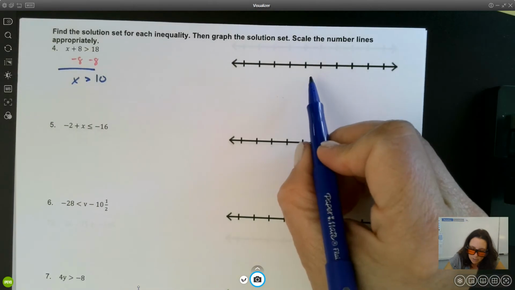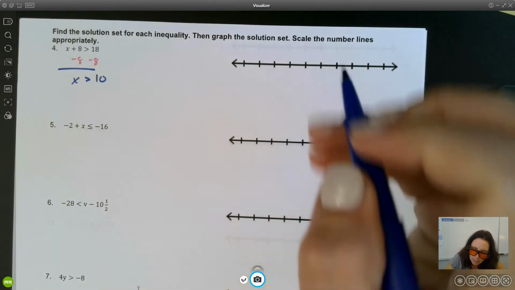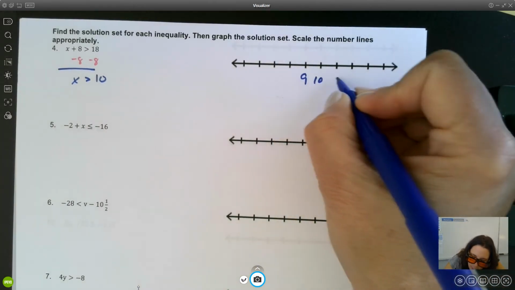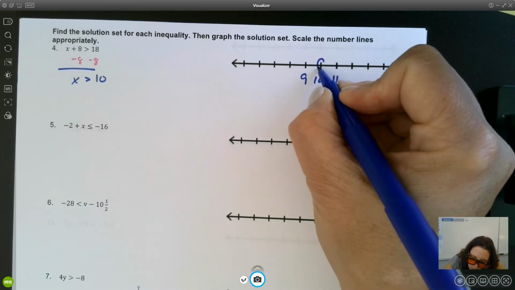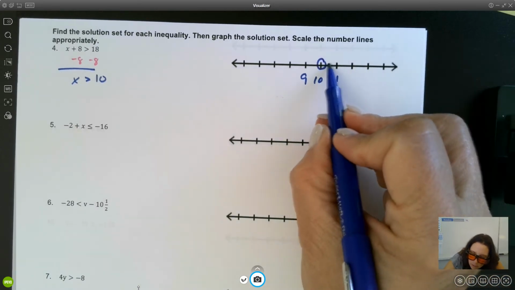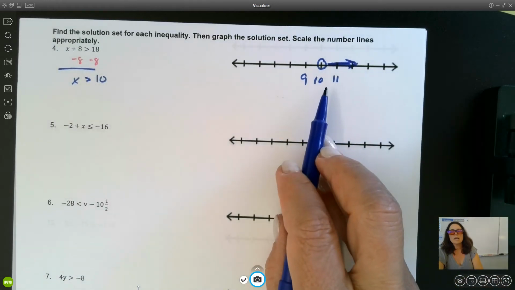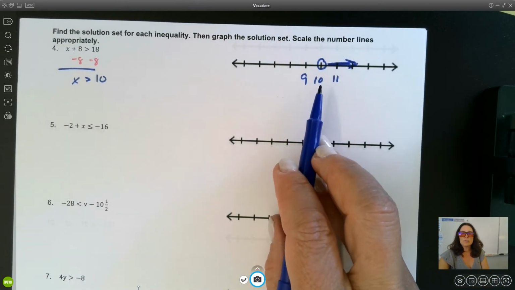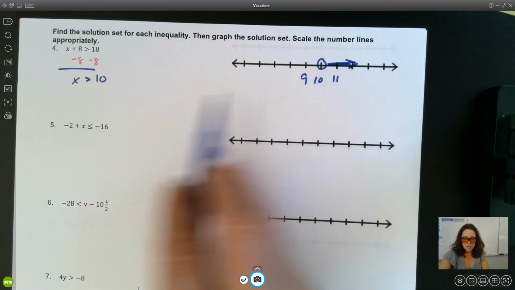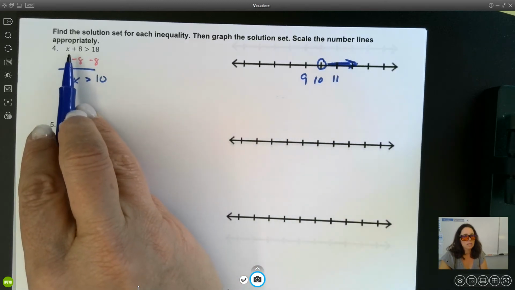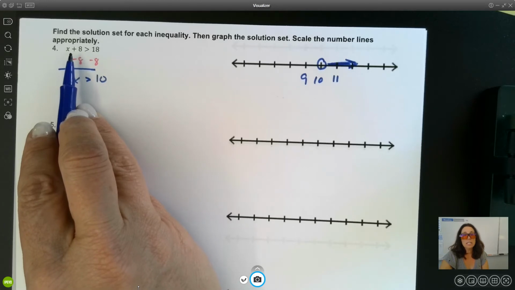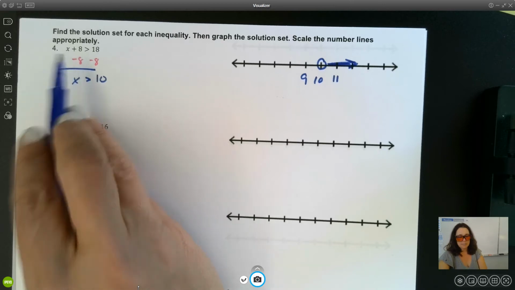Okay, over here on the number line, I want a 9, 10, and 11, an open circle, and we're shading to the right. So this answer means anything larger than 10 works in this inequality. Any number larger than 10, including decimals and fractions, works.